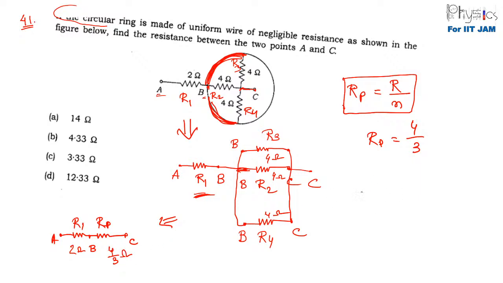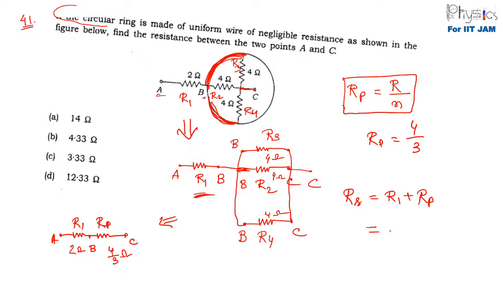So we have the equivalent resistance Rs as, since the formula for series resistances is the summation of the resistances, that is R1 plus Rp, right?